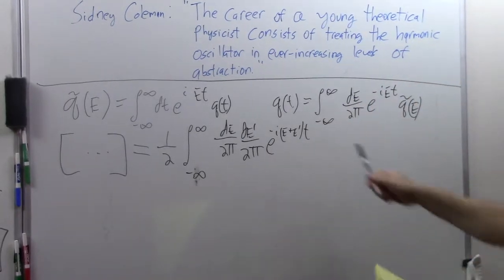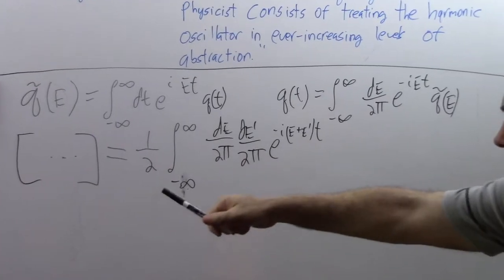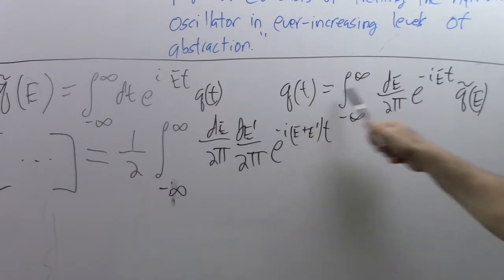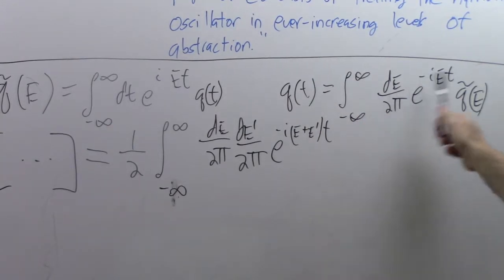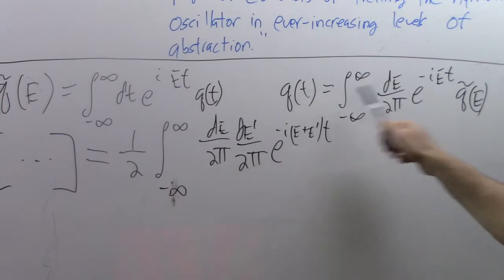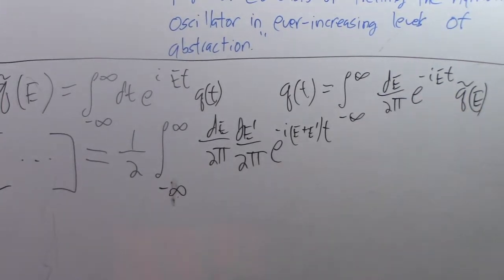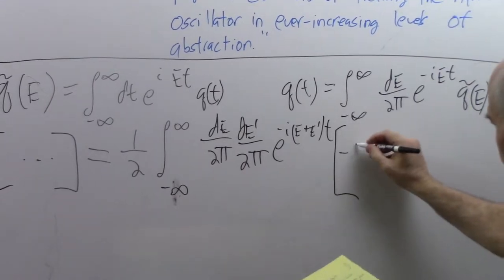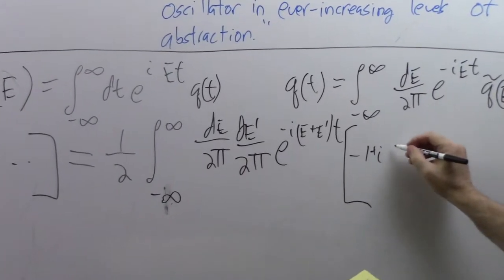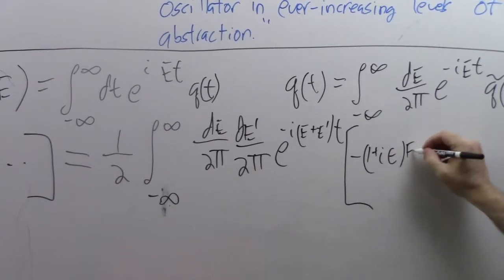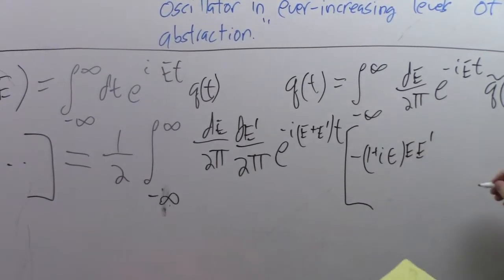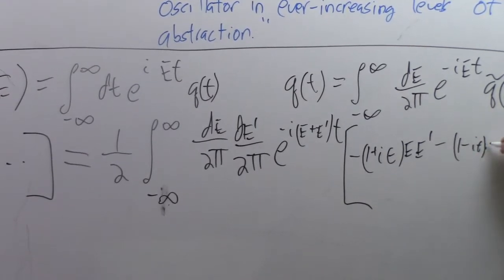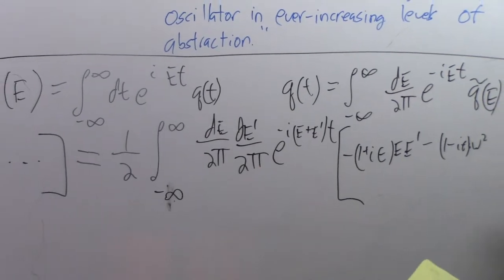And the reason why we get different variables is because when we have the q's there, we use one q, and q dot brings down an E, but from here q dot brings down a minus iE, but we can't use the same E. When we do another q dot, we have the E prime. And then we have a minus (1 plus i epsilon) E E prime minus (1 minus i epsilon) omega squared. Remember, we set m equal to 1.